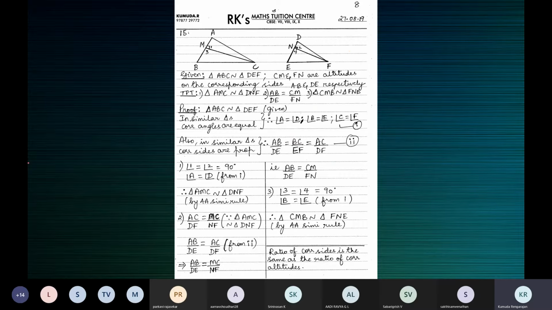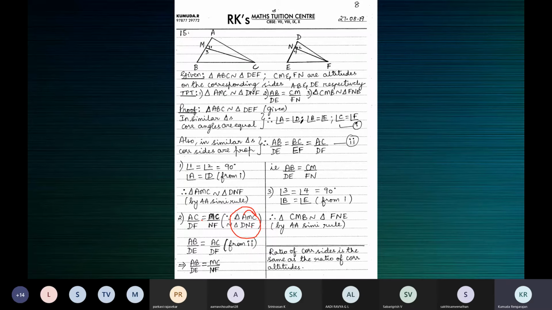So how do you present the answer? See, we proved that these two triangles are similar, so we know AC by DF. You'll wonder how do we know that we have to write only these two? Because we have to prove AB by DE, but we don't have AB and DE here. But we have AC and DF.